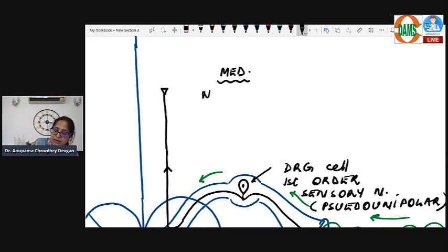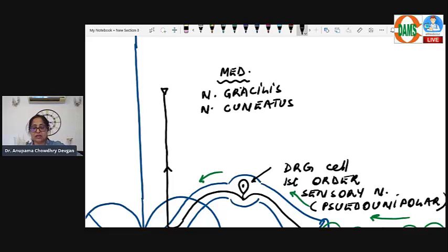In the medulla, you have two nuclei, nucleus gracilis and nucleus cuneatus. This is the first synapse that you see. First synapse will be in the medulla, the nucleus gracilis and nucleus cuneatus.